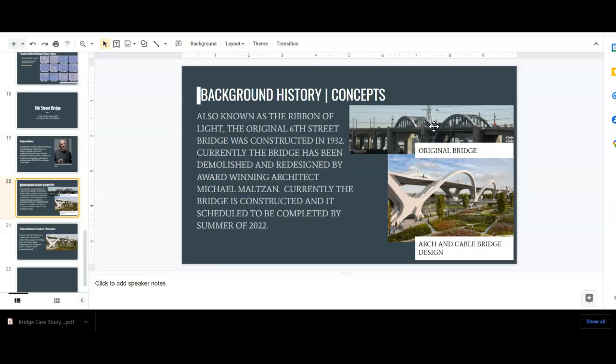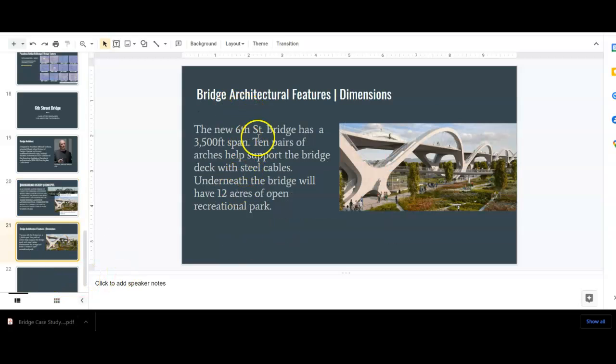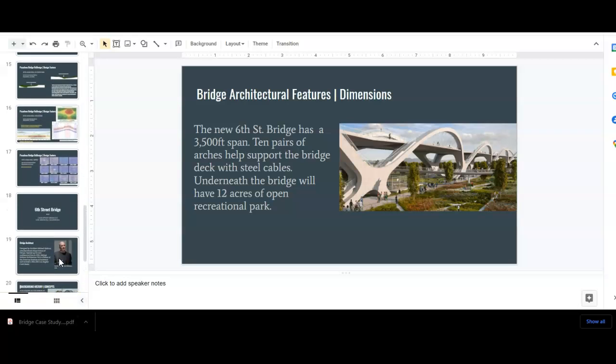It was demolished, we call it demoed, a few years back, and now they're starting to build it, and it's going to look like this when it's all said and done by the end of this summer. Then we got here some architectural features. So there's 10 pairs of these arches, and that's pretty much where we stopped.